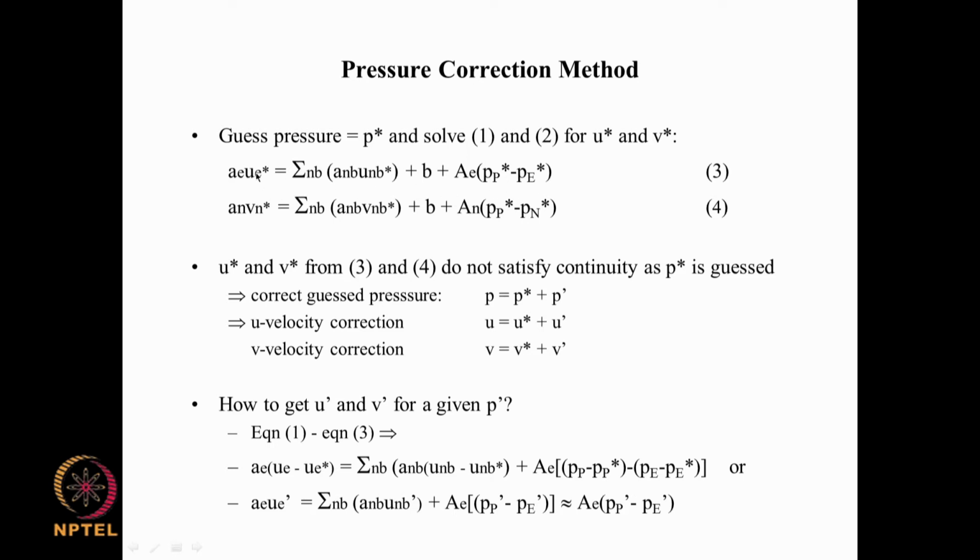So, that will be solved for u star, and similarly this becomes another a1 v star equal to b1, and that can be solved for v star. So, once we assume pressure at every grid point ij, then we can get a velocity at every grid point I plus half j and every grid point ij plus half for the two velocity components here.